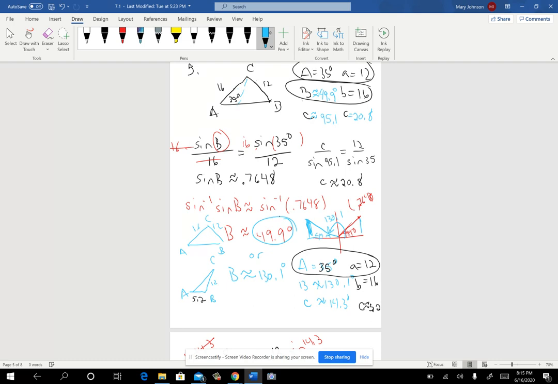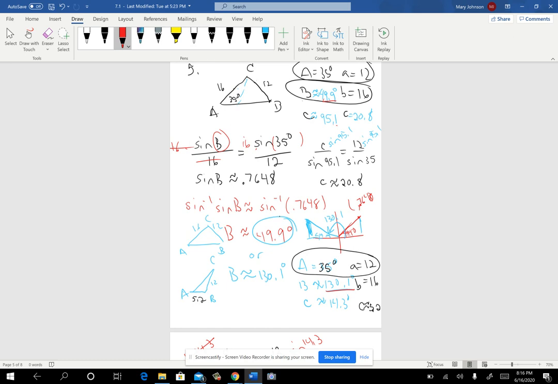Okay. All right, and remember I multiplied by sine of 95.1 on both sides. Okay. So do you see how the angle B could either be an acute angle or it could have been this obtuse angle? So it could have been either the 130 or the 49, which caused angle C to be two different things. So you have to solve both possible triangles and get all the parts of both of them.